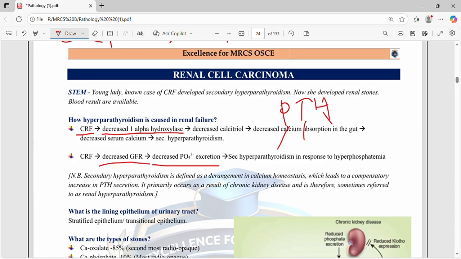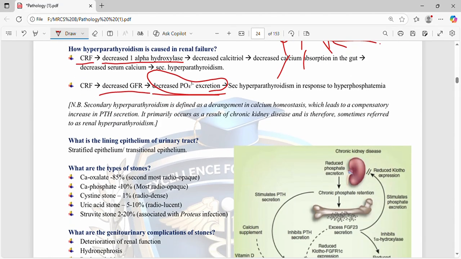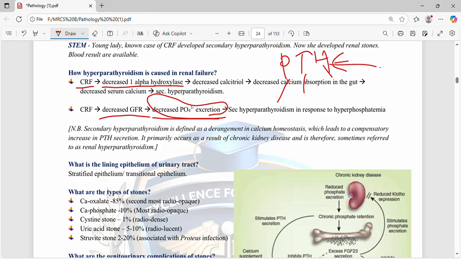So if there is hyperphosphatemia, the body will produce this and try to release the phosphate, but during this time it will also increase the calcium level by demineralization of the bone, so we will have hypercalcemia. Secondary hyperparathyroidism is defined as a derangement in calcium homeostasis which leads to a compensatory increase in PTH secretion. It primarily occurs as a result of chronic kidney disease and is therefore sometimes referred to as renal hyperparathyroidism.